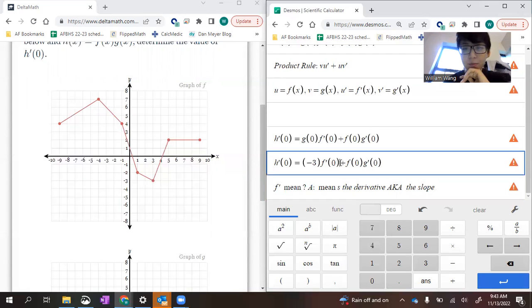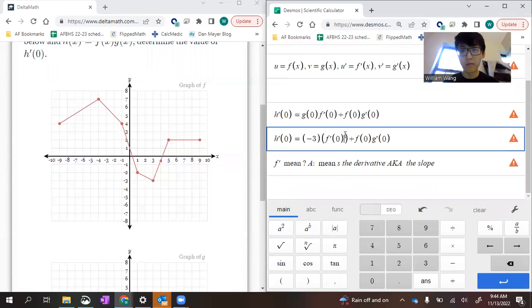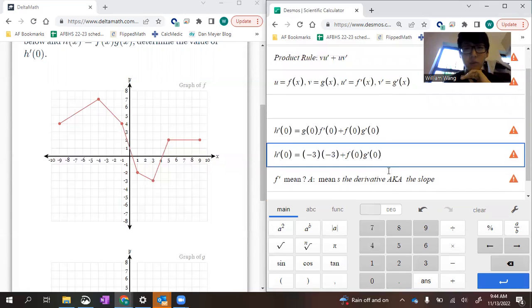So really, f prime of 0, I'm not looking for just the y value of 1. I'm looking for the slope here. So the slope at x equals 0 is, I'm just going to visually look at this, go over 1, down 3. So my slope is -3. So f prime of 0 here is -3. Hopefully you start to get the gist of what we're doing.